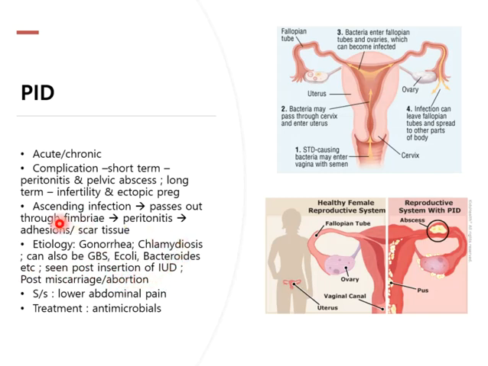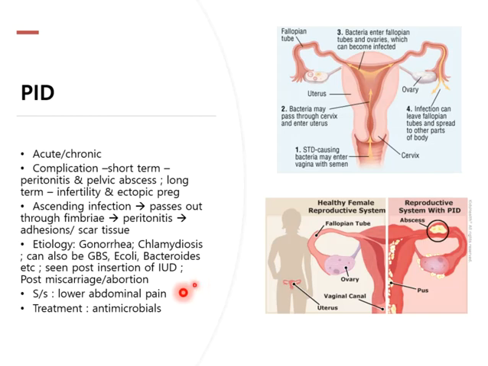PID is most commonly seen also after miscarriage or an abortion. If there is incomplete removal of the products from the uterine cavity, it can lead to PID development. Also, if an IUD is inserted and it is not changed at the defined interval, or anything is not taken care of, it can lead to PID formation.